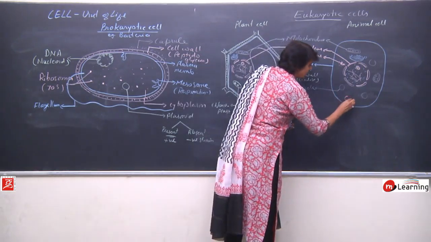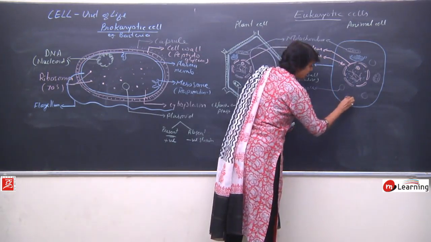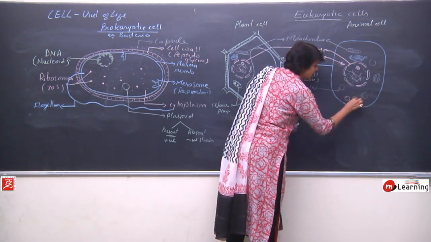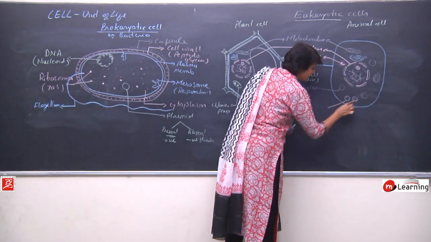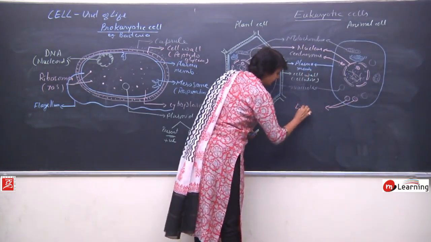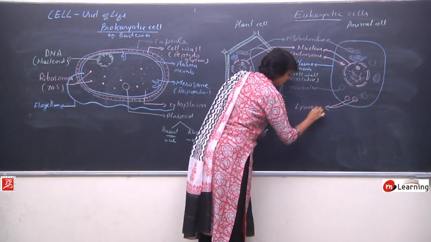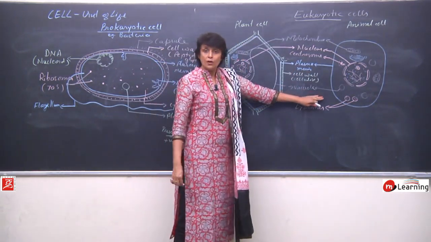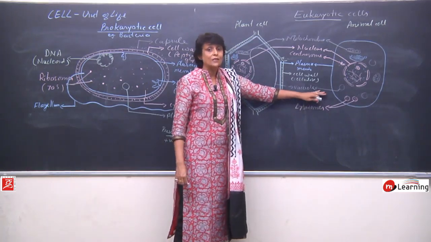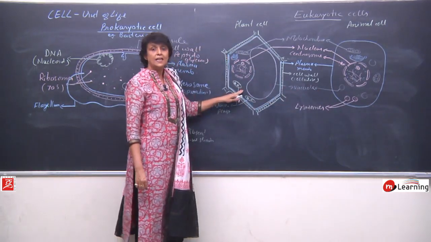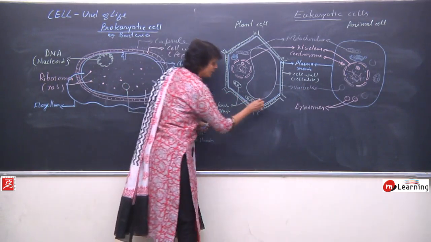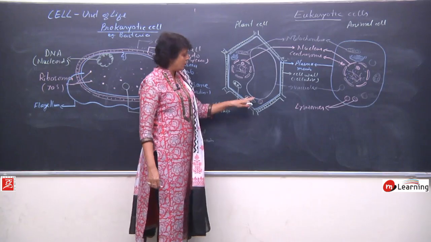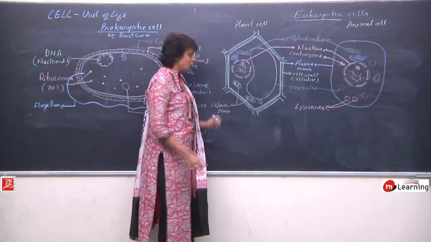One more structure which is seen: spherical structures filled with enzymes. These structures are known as lysosomes. The number of lysosomes is more in animal cells as they have to digest food, whereas in plant cells the number of lysosomes is less because they synthesize their own food, but they will be required to digest the food when they store it.